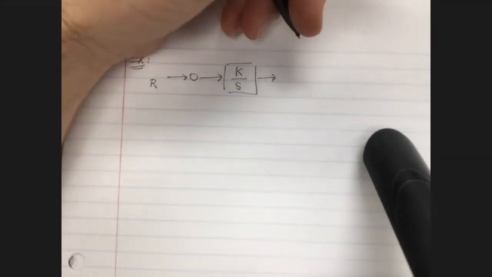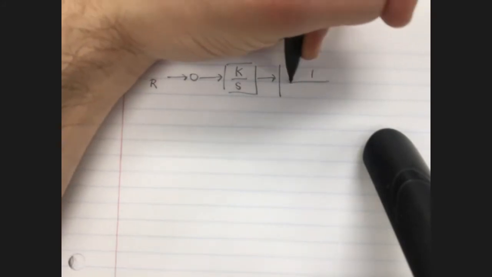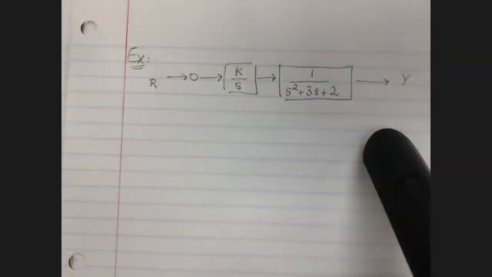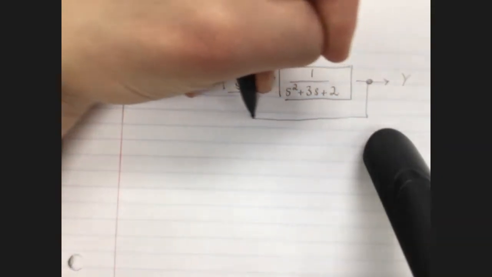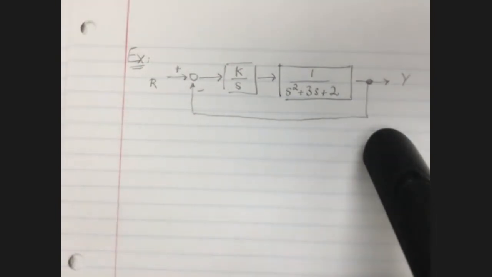And over here, my plant is going to be 1 over S squared plus 3S plus 2. I'm going to have Y, and good old negative unity feedback, coming back here, minus plus.